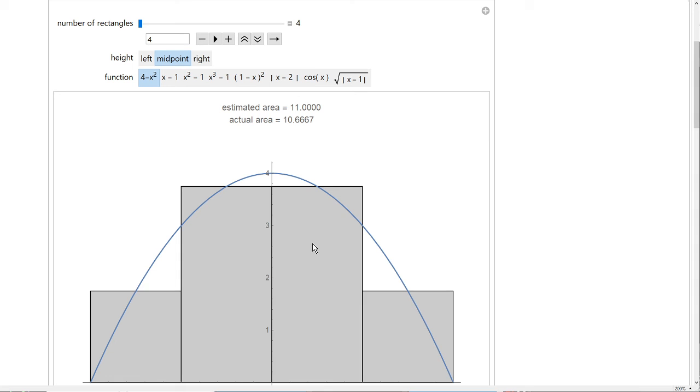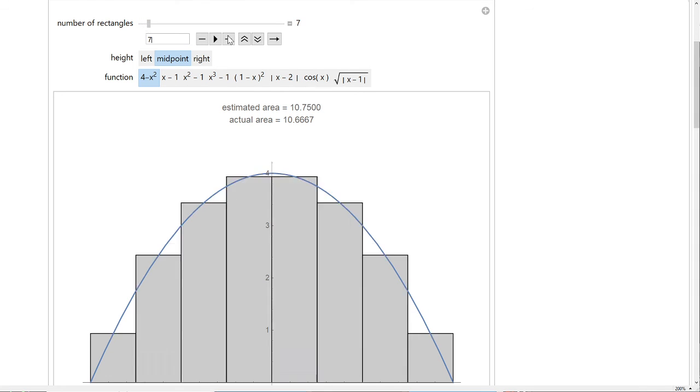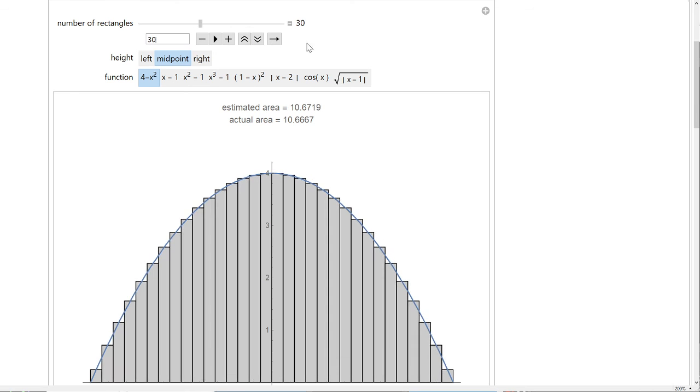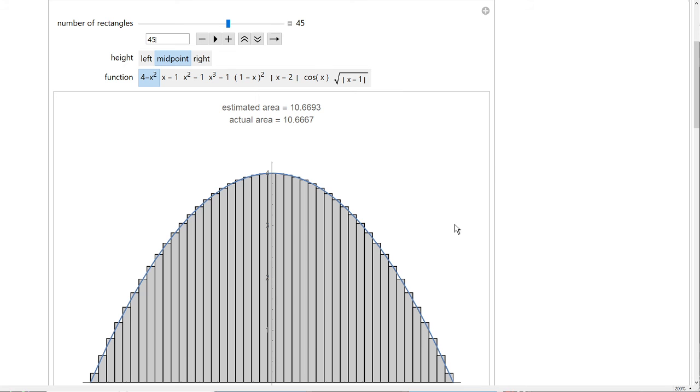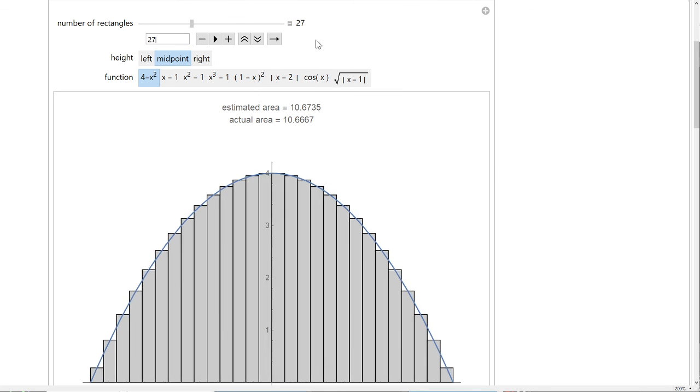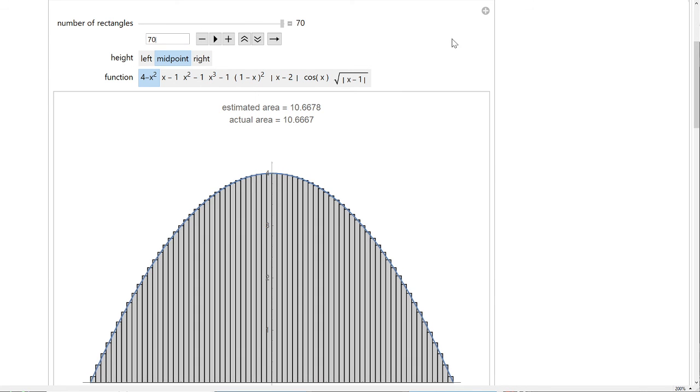Usually, not always. So the midpoint is actually always a little bit better because of the way it fills in space here. So you can see it gets closer to the actual area a lot faster.